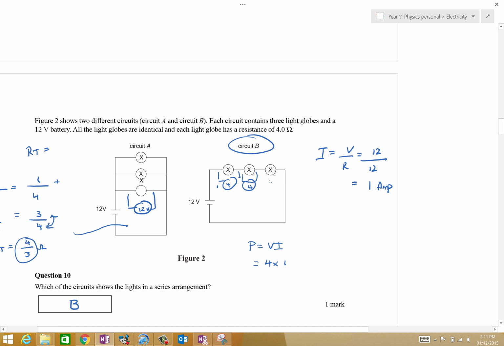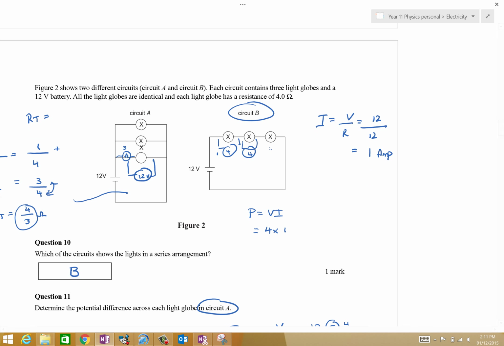But also, if I was to read the current through there with an ammeter, didn't we work out to be 3 amps? So therefore, the power across a globe here is equal to 12 volts times 3, which is 36 watts.